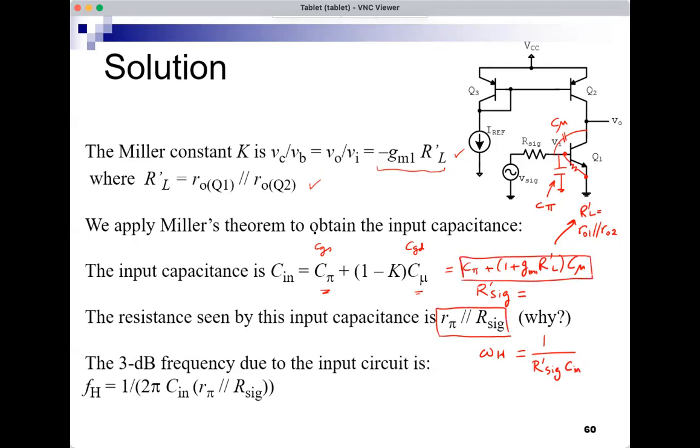And if I want the frequency in hertz, I divide by 2 pi. So 1 over 2 pi Cin R prime sig. So that's the 3 dB frequency in this case for this BJT amplifier.